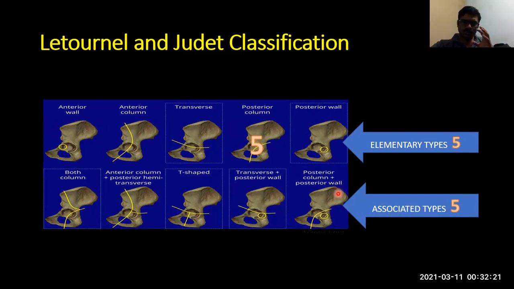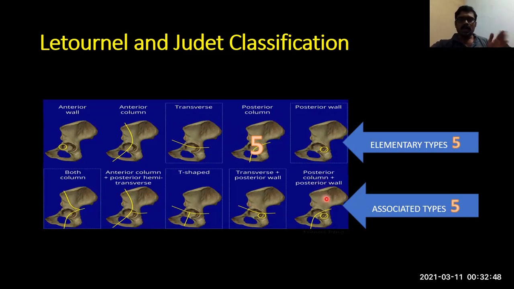The objective question from this point is: in the elementary types, 5 types, there is only one fracture which involves both the columns. This is the transverse fracture. In the associated types, we have to understand that all fractures involve both the columns, excepting for the posterior column with posterior wall.